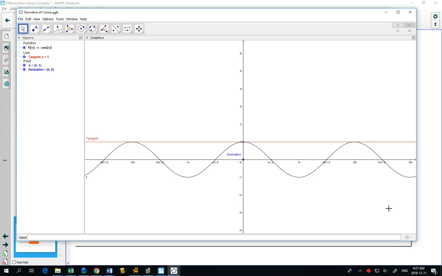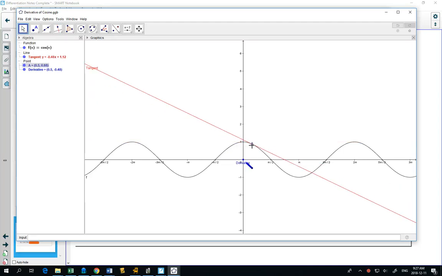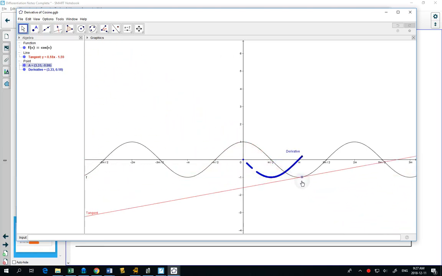And if you drag it to the right, will the tangent line have a positive or negative slope? Negative slope. So as we draw it to the right, notice that our slopes are negative already. They're going to be negative all the way until we get down to here where it's 0 again. And then these are positive.